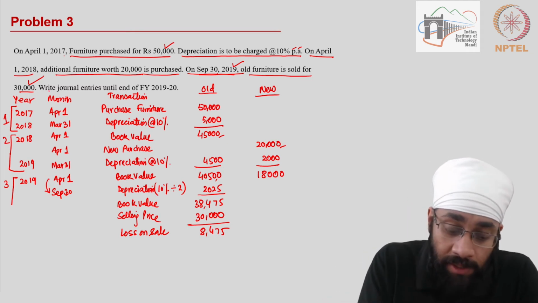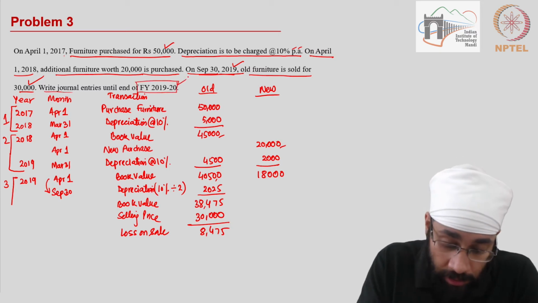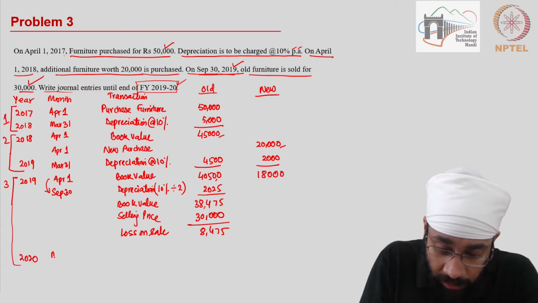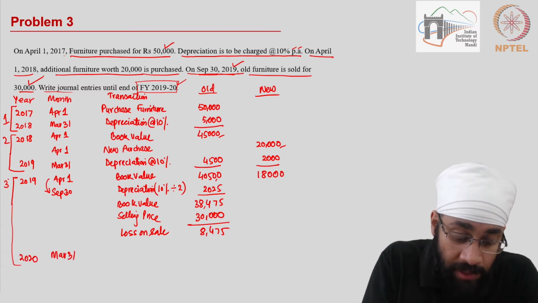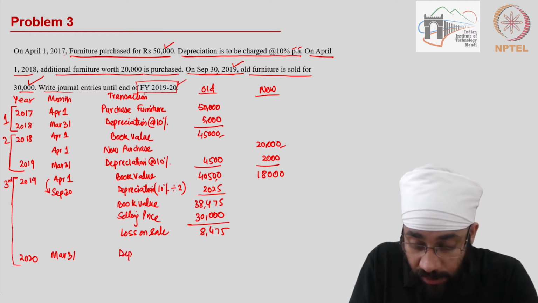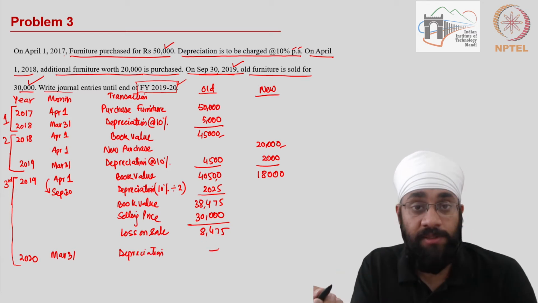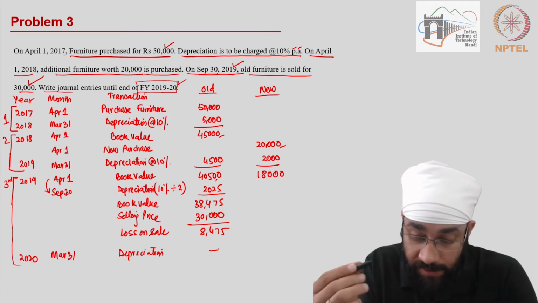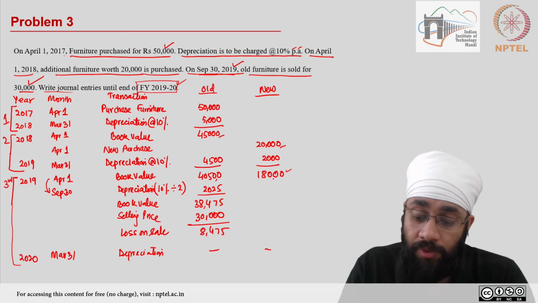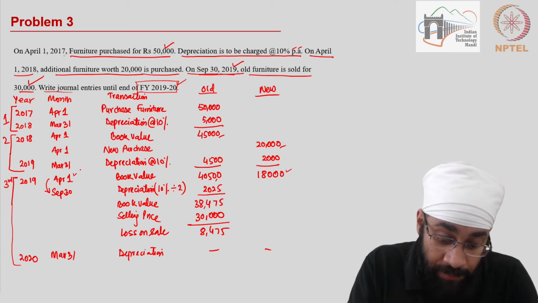Let us move forward. You have to write journal entries till financial year 2019-20. So 2019-20 is going on and I'm going to go to 2020 March 31st. This is when the third year is going to get closed. At this time again we charge depreciation. No depreciation here because this furniture has gone out of the business. However, you will charge depreciation on the new furniture which was valued 18,000. 18,000 was the value of the furniture at the beginning of the year.